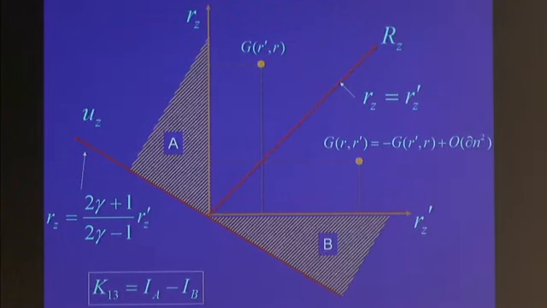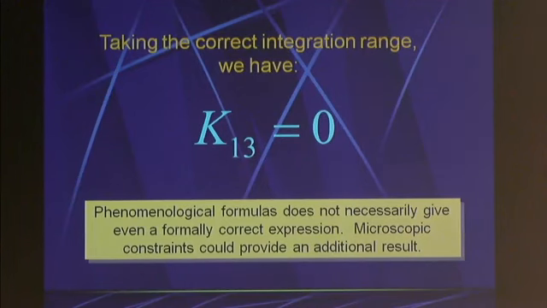But in fact, if you're careful enough to restrict your integration to the real integration area, then you simply get the cancellation of these two, and that ends up with only the higher order terms, from which no K13 contribution emerges. So K13 equals 0.